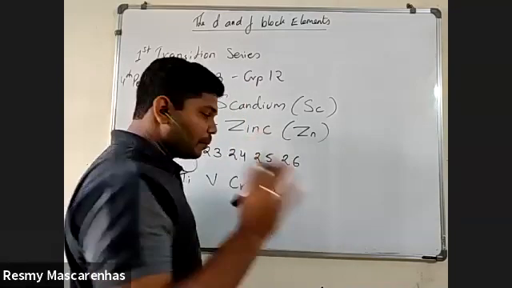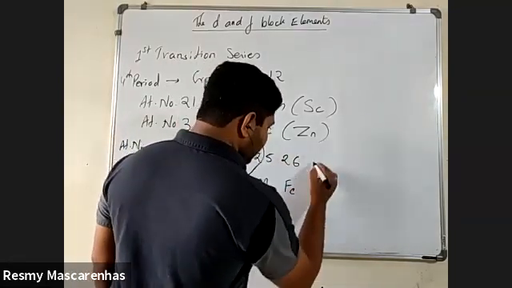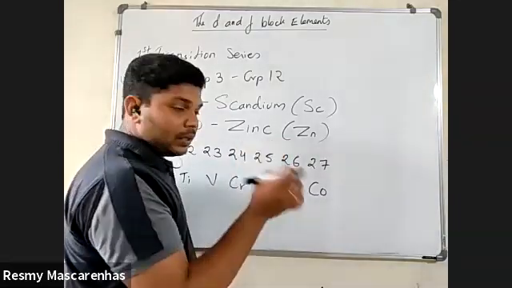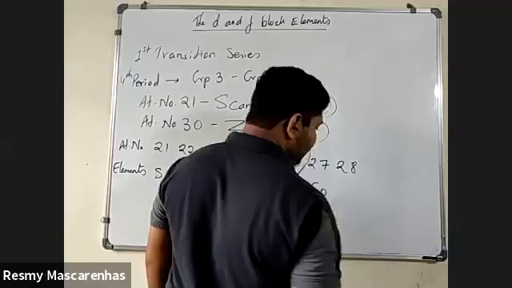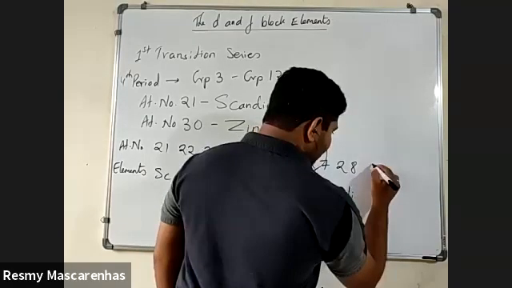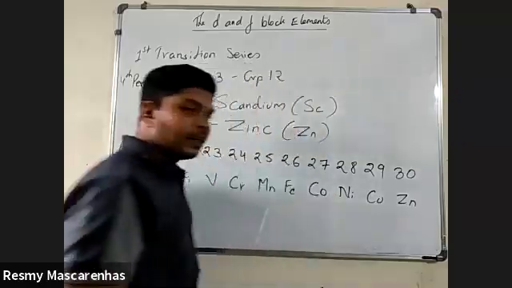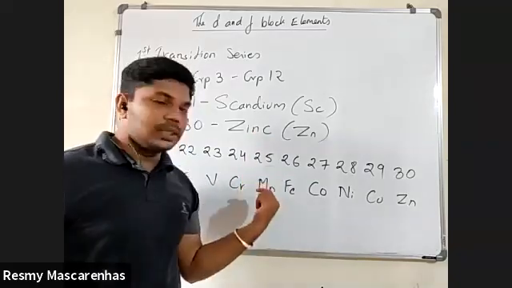That means at least some people know about it. 27, cobalt. Be sure that you are writing the o in Co smaller, the C is a bigger one. Atomic number 28, nickel. Very good. Atomic number 29, copper. Atomic number 30, zinc. Everybody should know these things. If any time I'm asking you, you should know this.